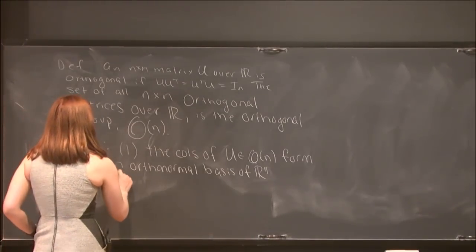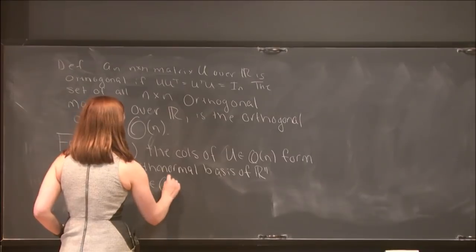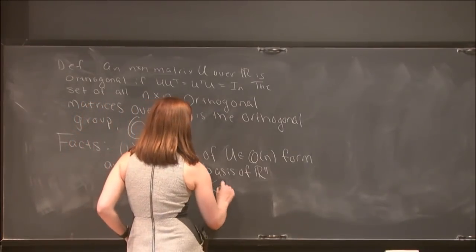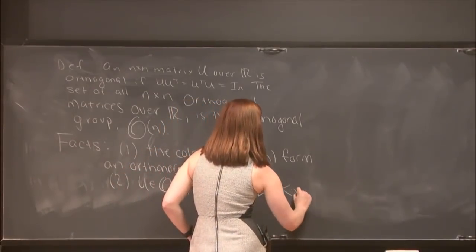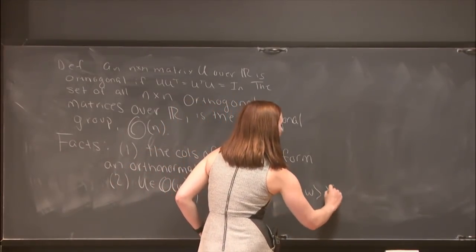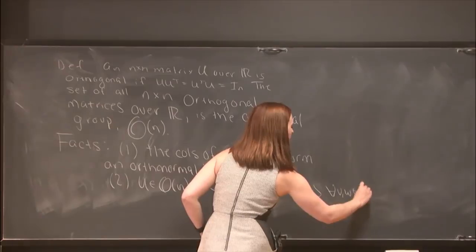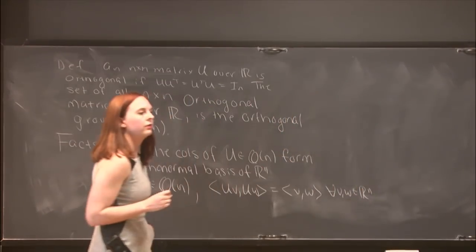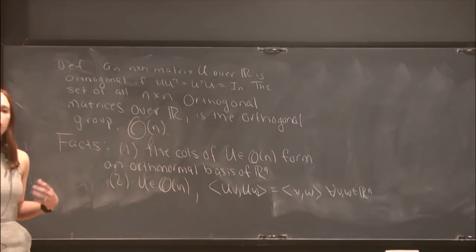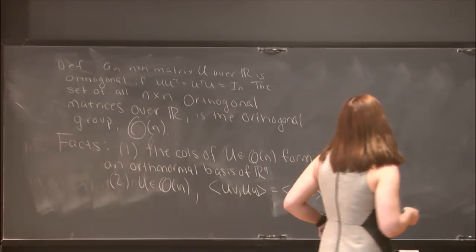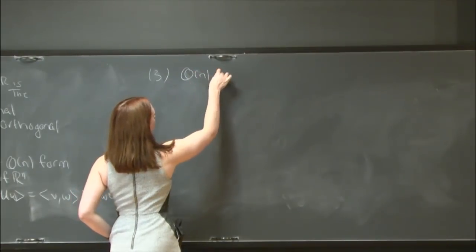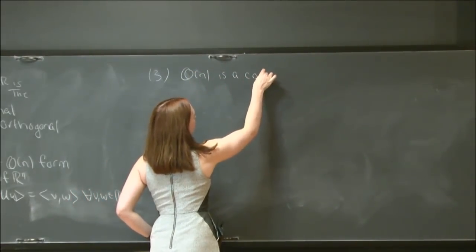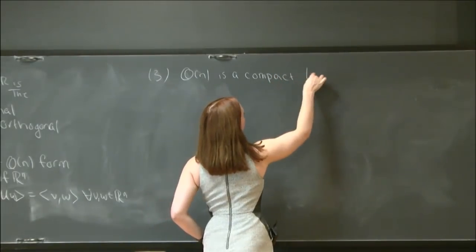That is, if U is in the orthogonal group, then the inner product of UV with UW is just the inner product of V with W for all V, W in Rn. And lastly, the orthogonal group itself is a compact Lie group. That is, it's a group as well as a compact manifold.